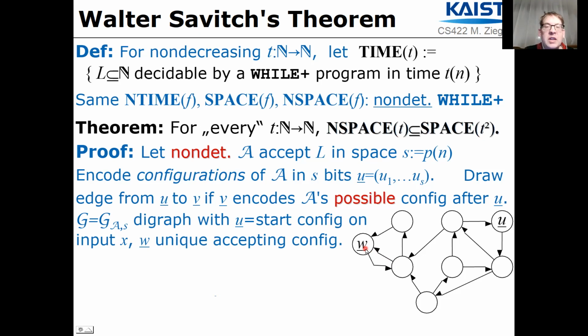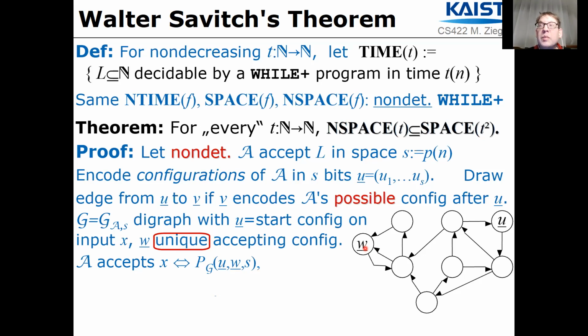But remember, in general, this configuration graph will have exponentially many nodes, right? And so we cannot store it, but we want to operate on it. And we're going to devise an algorithm here that operates on this graph implicitly, without spelling out or storing the graph. And the idea is pretty similar to the master reduction from PSPACE to quantified Boolean formula.